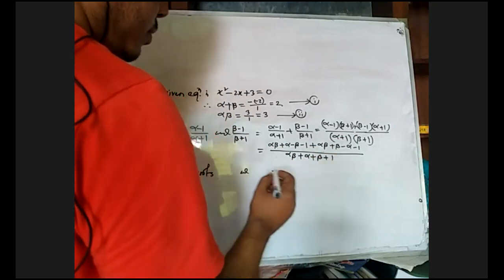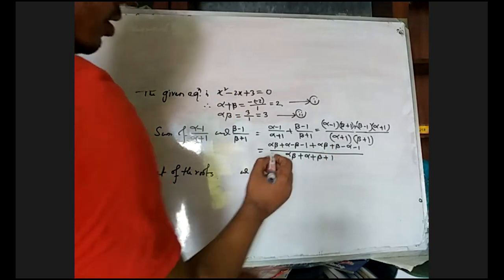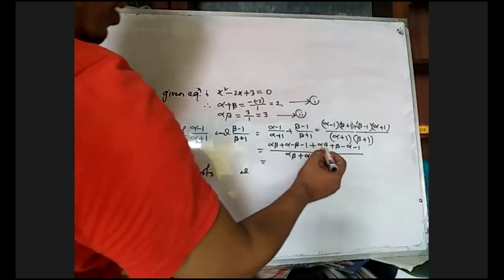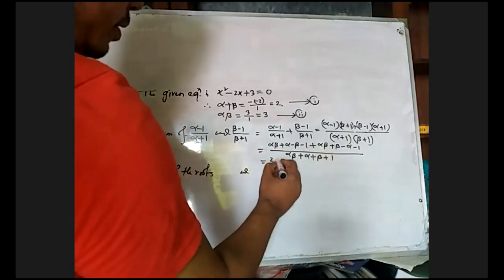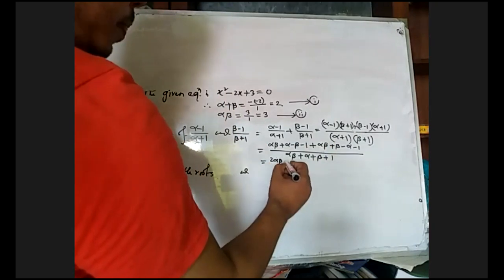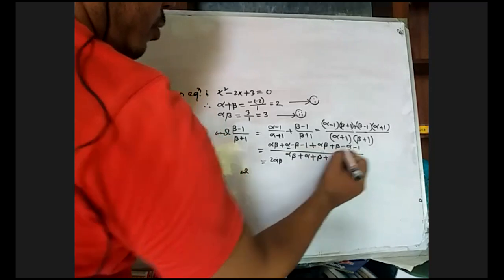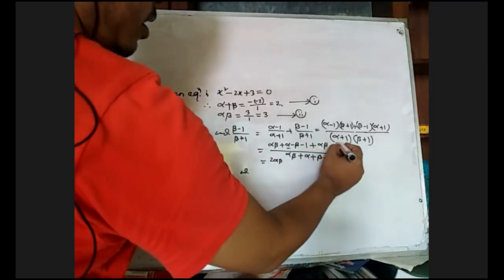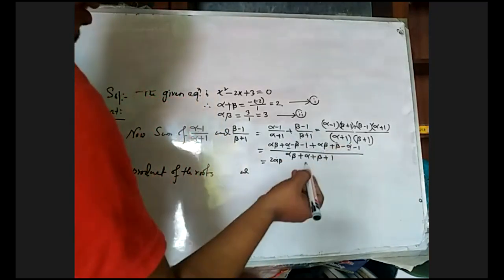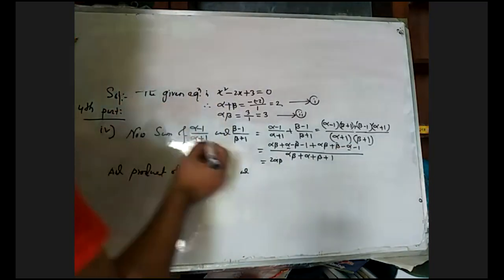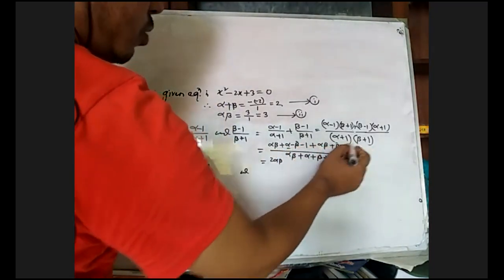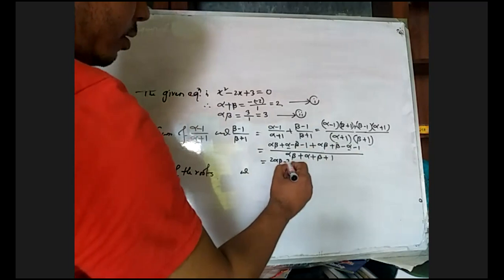Okay, now just putting the values here. How many alpha beta? 1 alpha beta, 1 alpha beta, 2 alpha beta. Okay, and this alpha and this alpha will be cancelled. This beta and this beta will be cancelled. So we get minus 1 minus 1, only minus 2.